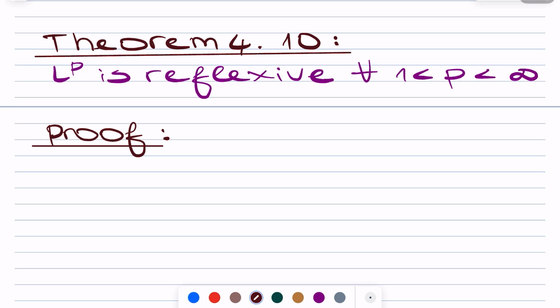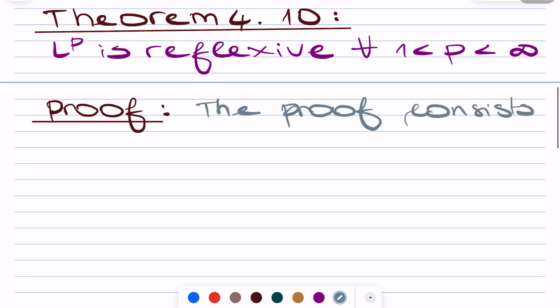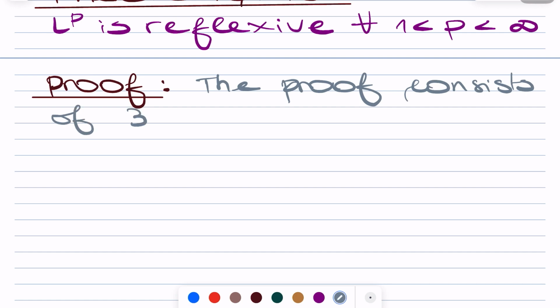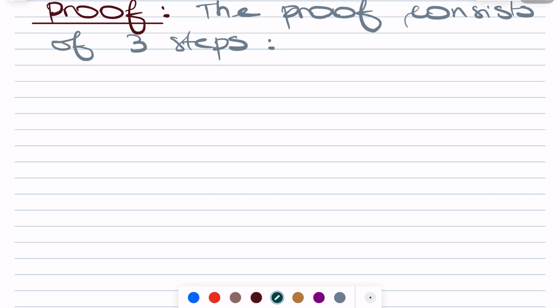So the proof consists of 3 steps. In the first step we show Clarkson's first inequality, which is very useful in proving that LP spaces are uniformly convex.